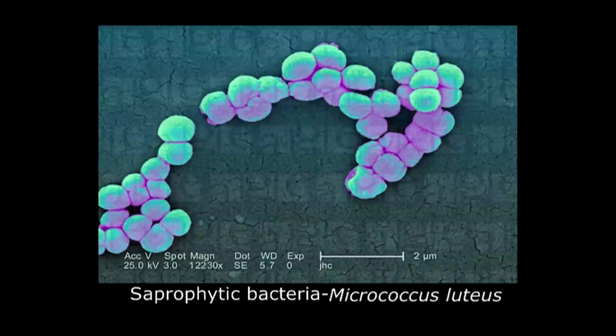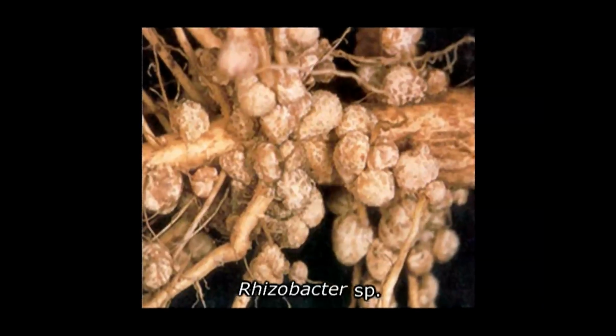Heterotrophs may be saprophytic, basing their nutrition on decaying organisms. They are degrading dead organisms, right? In symbiotic heterotrophs, we can find a symbiotic relationship with other types of cells. So there are Rhizobium species.